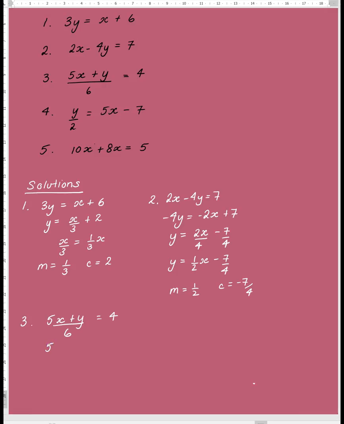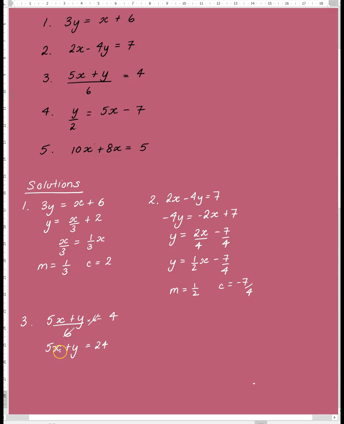And why did we get rid of the divide by 6 first? Because if I'm saying this to myself, I start with the unknown, y plus 5x divided by 6. The last thing that happened was a divide by 6, so we have to undo that. Now, I'm technically timesing this side by 6, and so they cancel, but again, what I do to one side, I do to the other. 4 times 6 is 24.